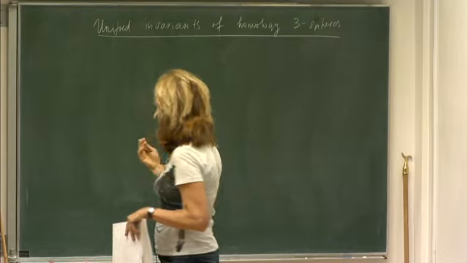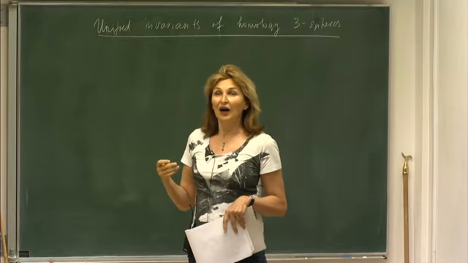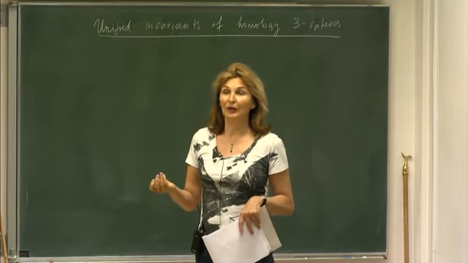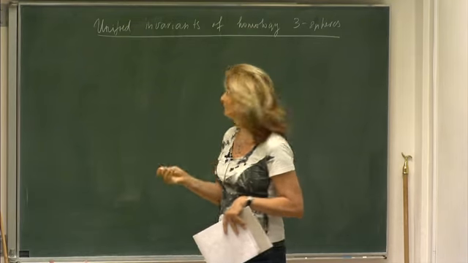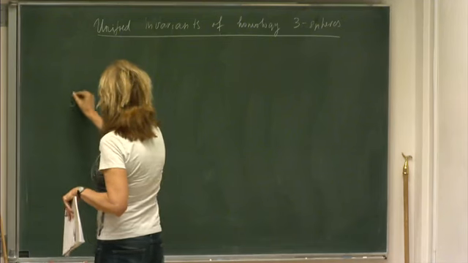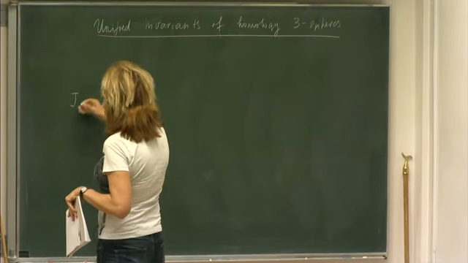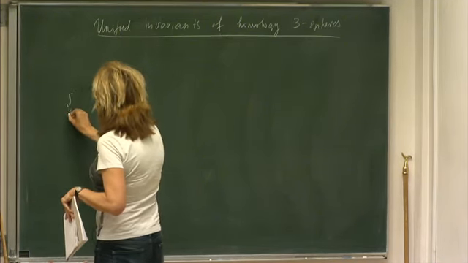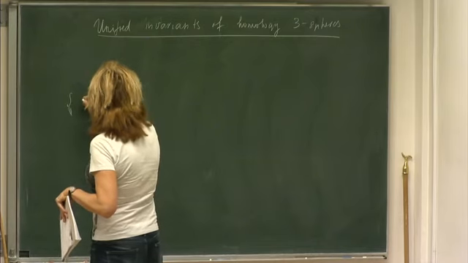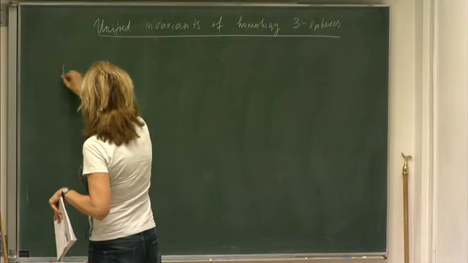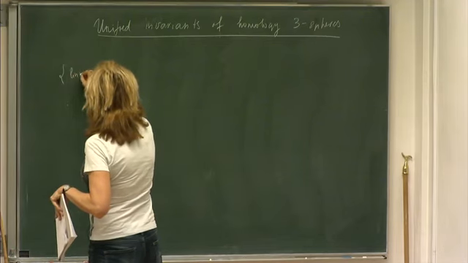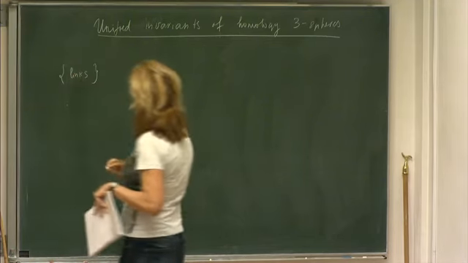So let me start by recalling the story about the quantum invariants. As you know, more than 30 years ago, Vaughan Jones defined invariants of links. So let me put it here. This is my set of links. They will be framed links.